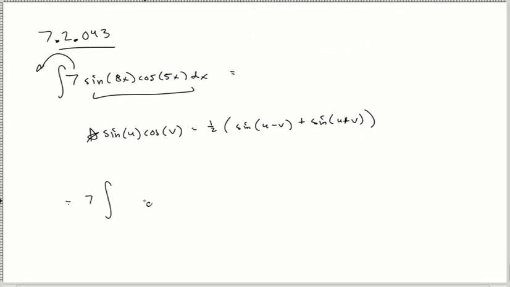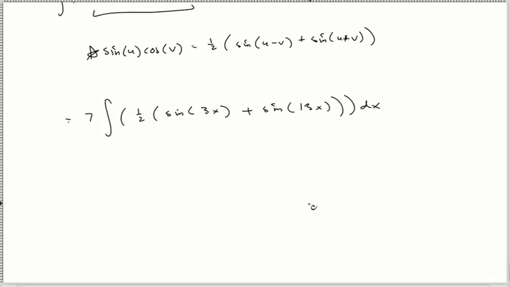So it ends up looking like, pretty simply, I got 1/2 times this whole thing here. Sine of 8 minus 5 is 3x. There's a plus sign in the middle. Yep. And then when I add them, I get 8 plus 5 is 13x. Close, close, close, dx. I gotta have all those parentheses. So important. Well, my integral of each of these is actually pretty simple.